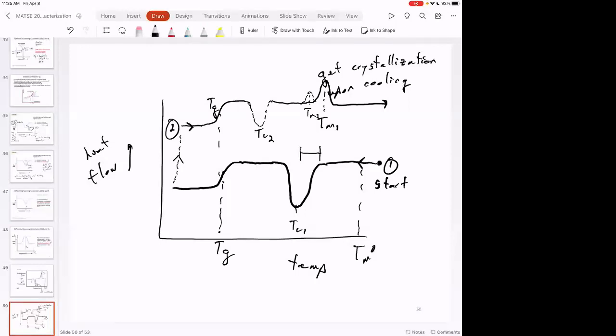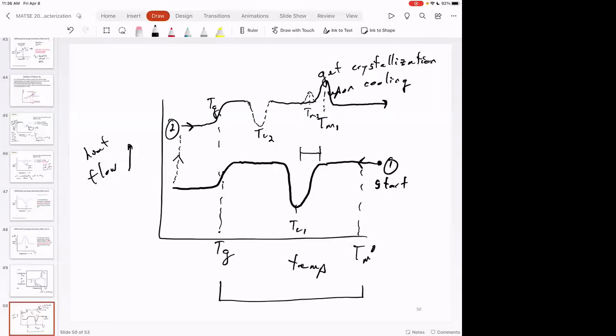Because it turns out the size of the crystal depends on TC. You'll get into all of that in your upper division classes. But this is why TM and TC can move around between TG and TM0, because the size of the crystals really influence the crystallization and the melting.